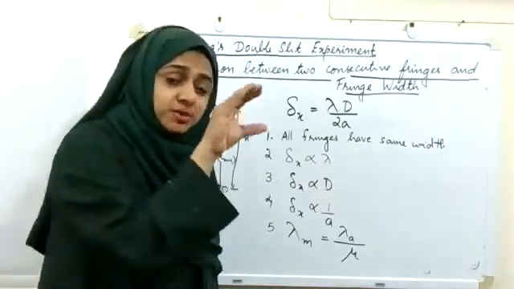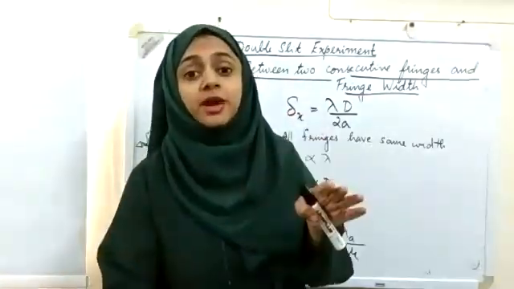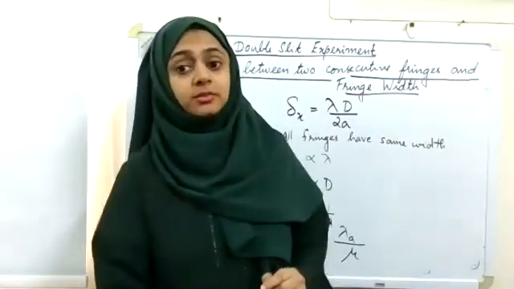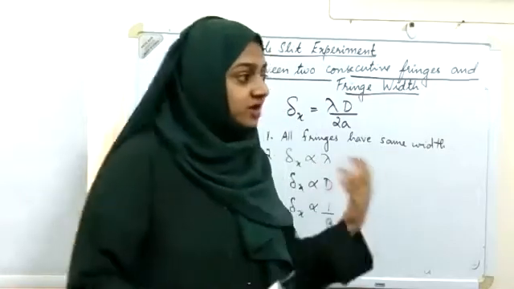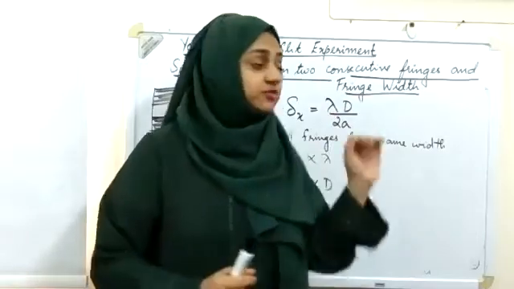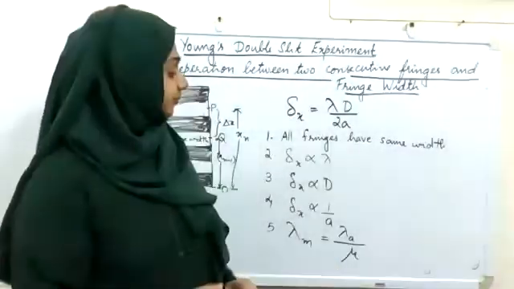So the fringes become more closely spaced if you move the whole apparatus for Young's double slit to a different medium than vacuum. And the more the refractive index of the medium, the more closely the fringes will be. The fringe width will be less because the wavelength will be less.